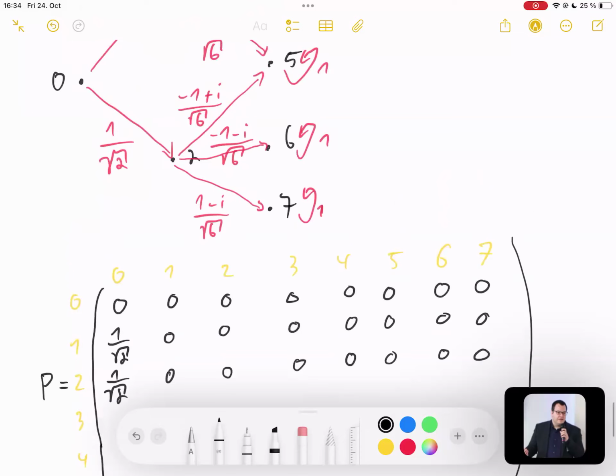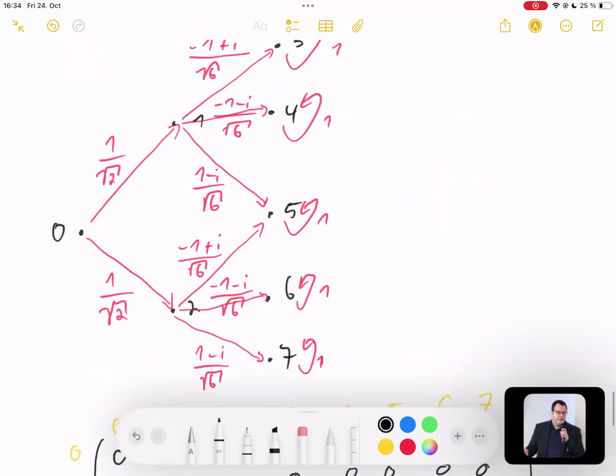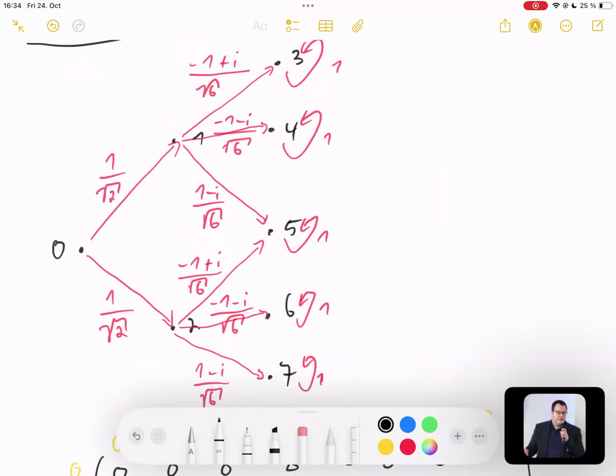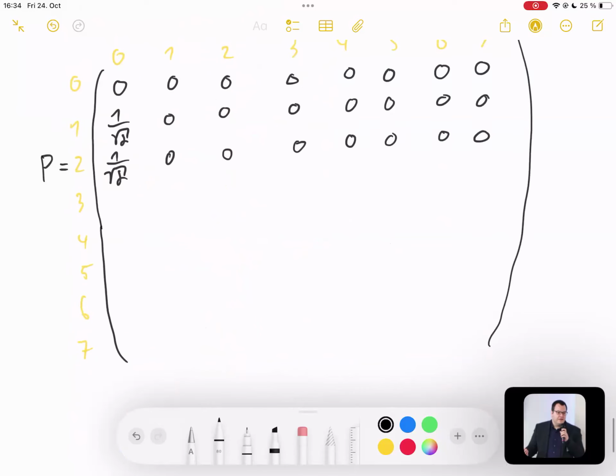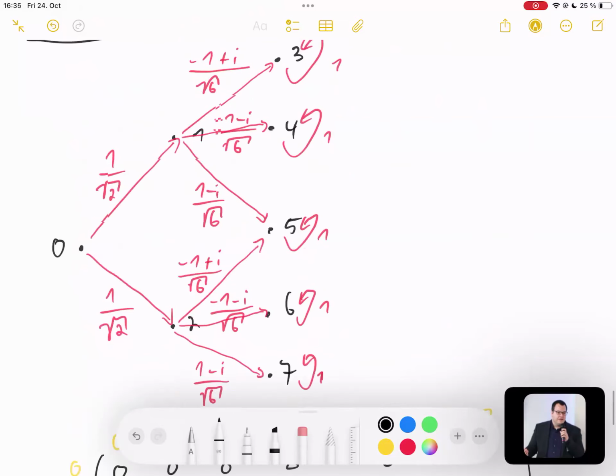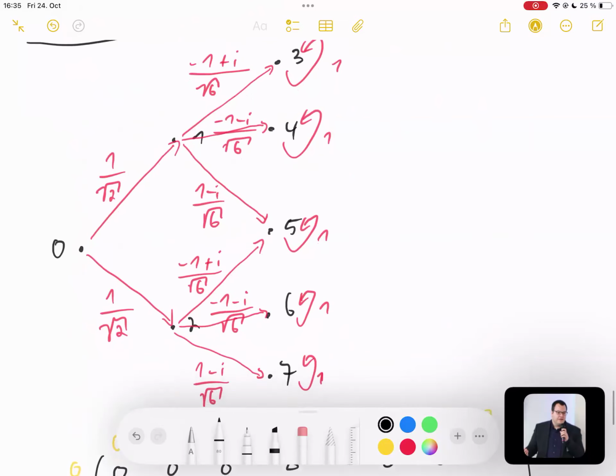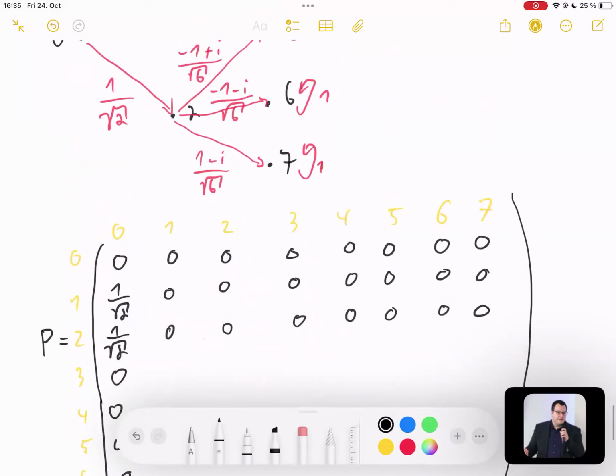Then what we see is the nodes 3 to 7 have no incoming ones from 0, but they only have something incoming from 1 and 2, plus we have these loops in 3, 4, 5, 6, 7.